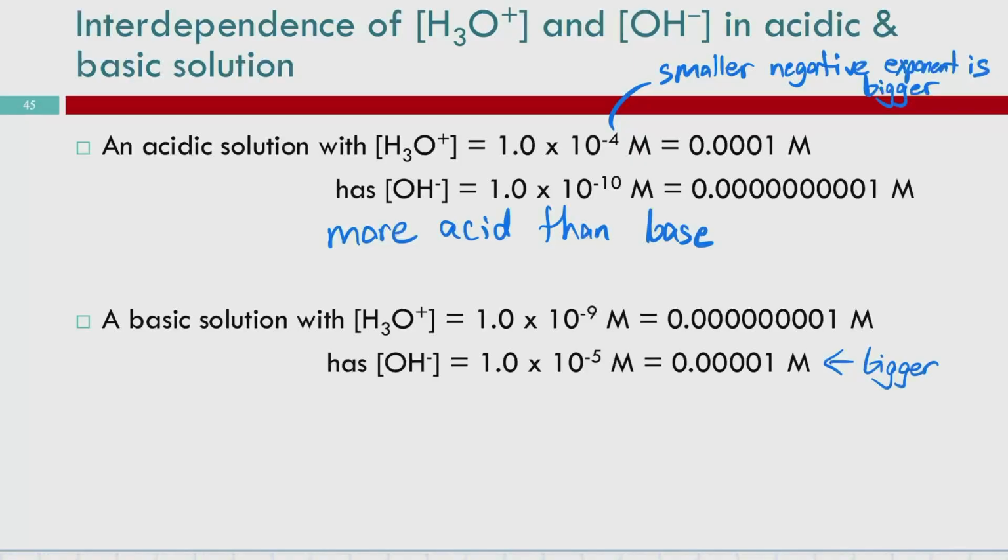They're both very small. But again, the smaller negative exponent is the bigger number.